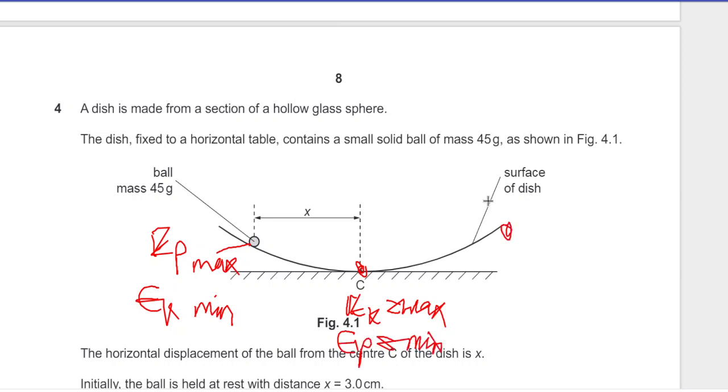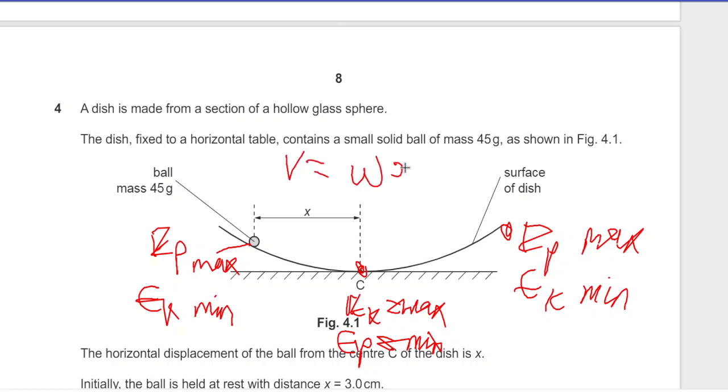And then going on the other side, you get the same as on the other extreme, where EP should be a maximum and EK should be a minimum. So right at the equilibrium position, that's where you have maximum speed or maximum kinetic energy. So to get maximum speed, V should be equal to, remember, V is equal to omega x. So which x now? The amplitude, which is the x naught. So that's what we use there.